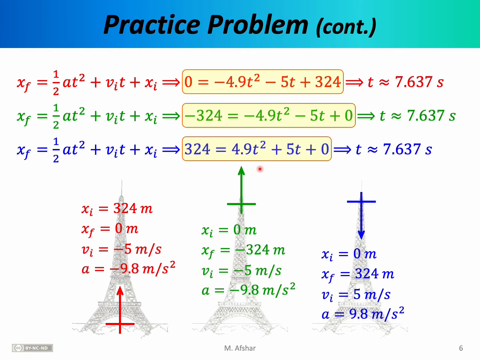And it should be obvious that you get the same answer, because if you look at the three equations that we solved, those three equations are really the same equation, just written in slightly different forms. So for example, if you take this second equation, the green equation, and you multiply both sides by -1, you'll get the blue equation, right?